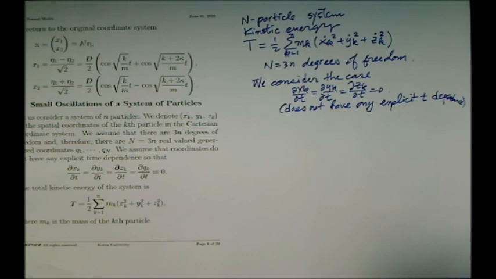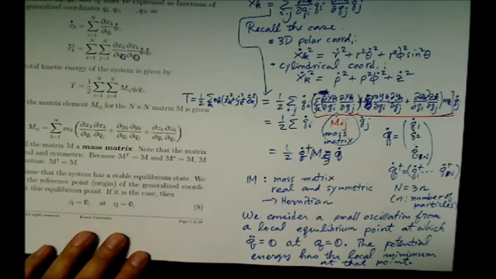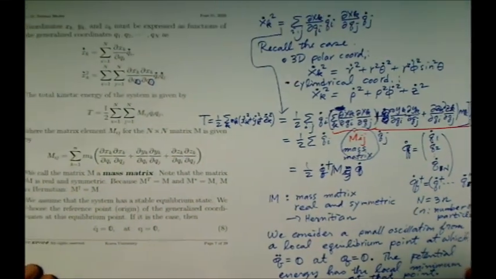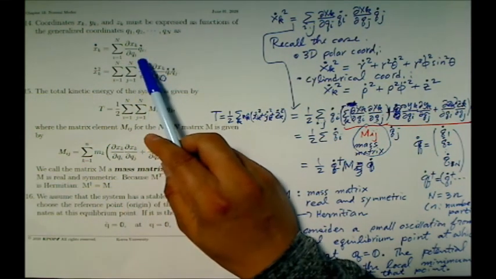And to simplify our analysis, as usual, we consider the case that the coordinates do not have any explicit time dependence. So, the velocity of a particle.